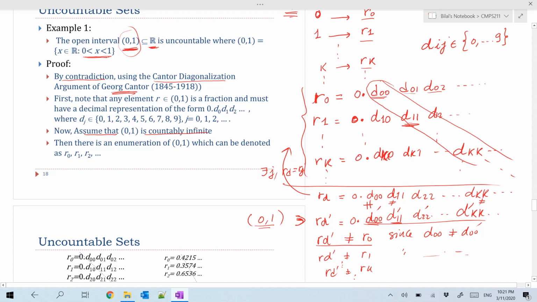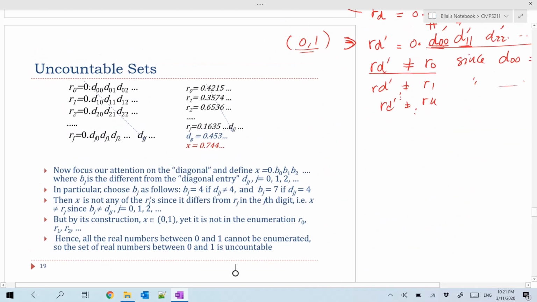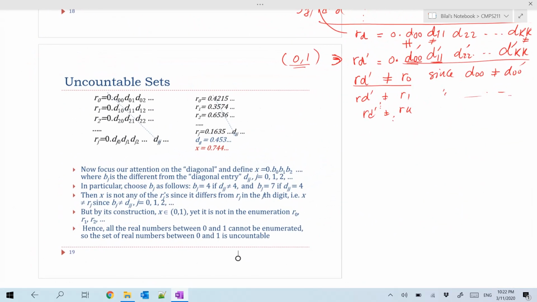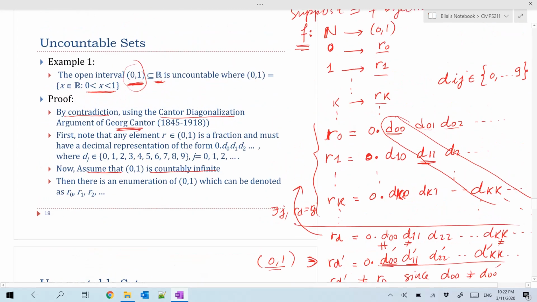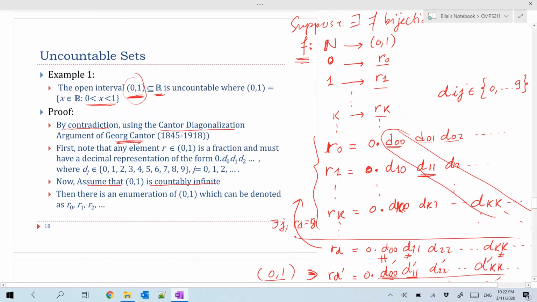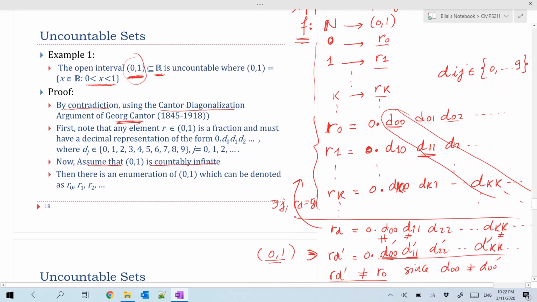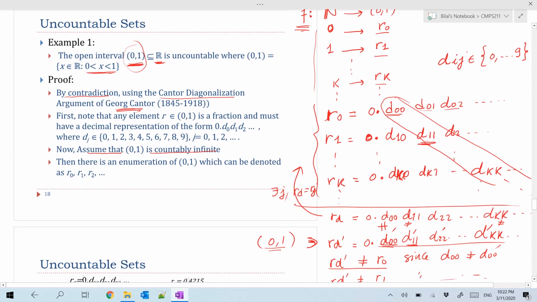And hence, I just showed you that there exists a number that is not mapped to any natural number in N. So I just showed you that I can come up with this Rd prime that is not mapped to any natural number here. Okay, so I showed you by contradiction that this bijective function cannot exist.